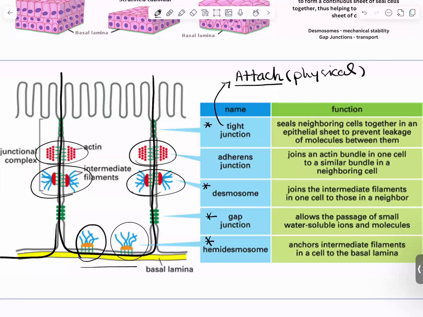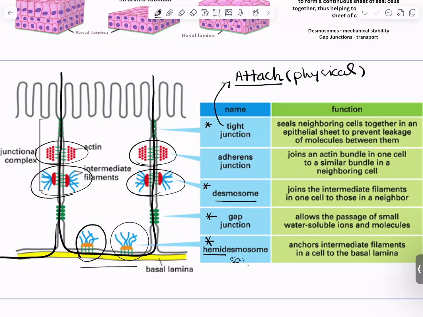We have another type, desmosomes and hemidesmosomes. If you want to know the difference between desmosomes and hemidesmosomes in general, not in detail, because it's not a very detailed topic for us, to be honest. Later in histology, you will read more about it. Remember, hemidesmosomes are half of the desmosomes.